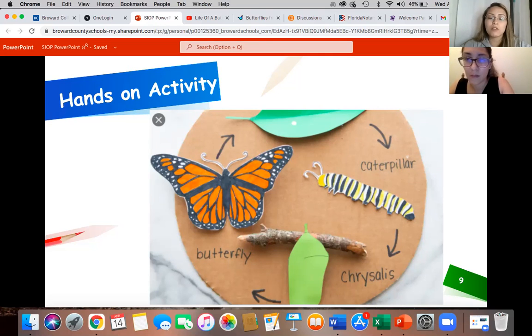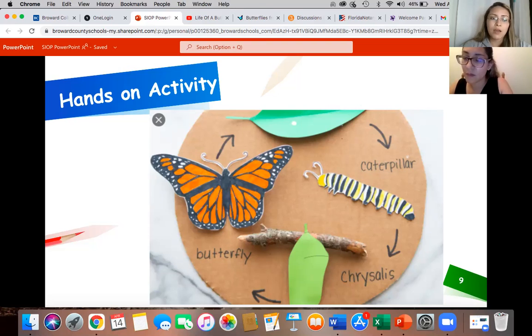What Ms. Garzon and I want you to do is work together to color the different stages, cut them out, and paste them in the order of the cycle, okay? From stage 1 to stage 2 to stage 3 to stage 4. And this is basically what it would look like at the end. We would just have them working together.